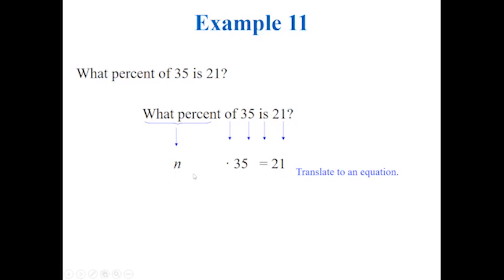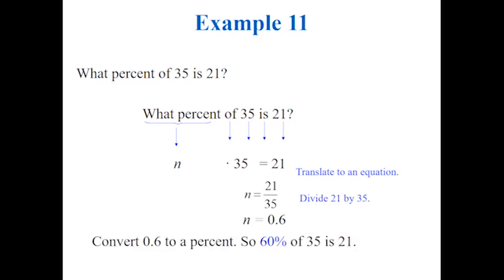We want to undo multiplying by 35 to get the n by itself. We undo multiplying by 35 with dividing by 35. When we divide 21 by 35, we get 0.6. 0.6 would be the decimal equivalent of our answer, because all the work happens with decimals.